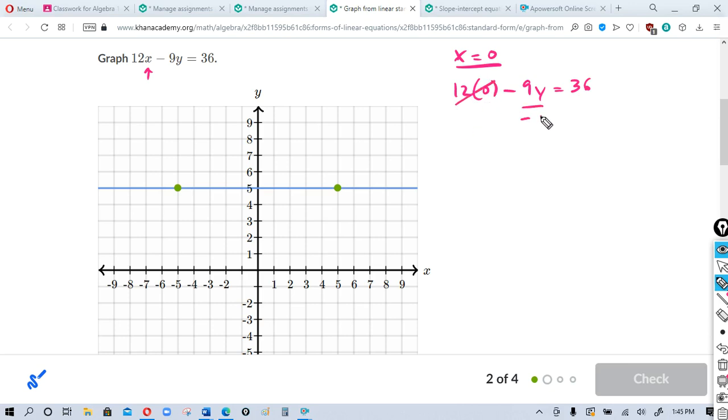Divide both sides by -9. And the -9's cancel. y equals 36 over -9, which is -4. So at x equals 0, y equals -4.